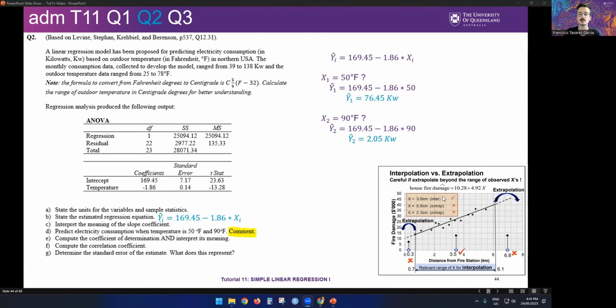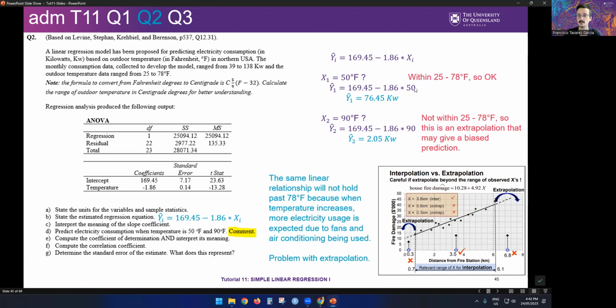We're trying to use a linear relationship that works for a small space and try to use it for values outside of the sample. So let me click a little bit. So this one is okay, it's within, but this other one is an extrapolation and the result might be biased. And there's some logic to think here.